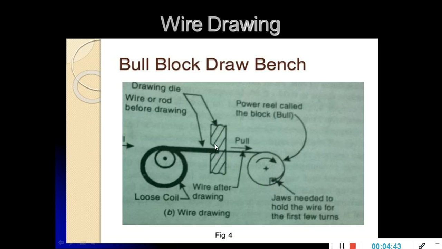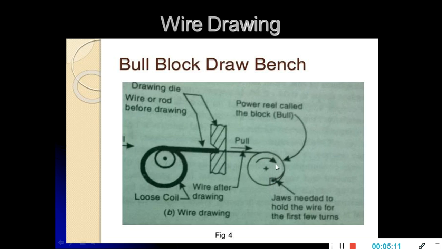The drawing die has the tapered hole inside the die. When the undrawn wire is forced through this tapered hole of the die, the diameter of the wire decreases. Initially it is forced through with some force, and the projected wire is locked on the bull block with the help of a few jaws.